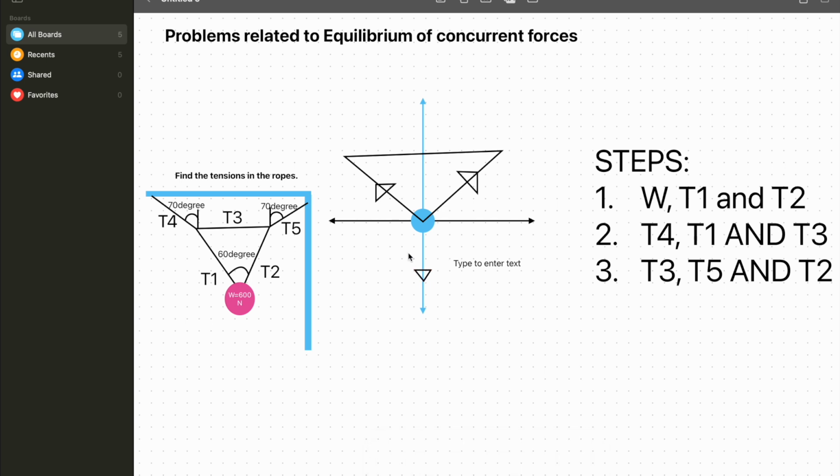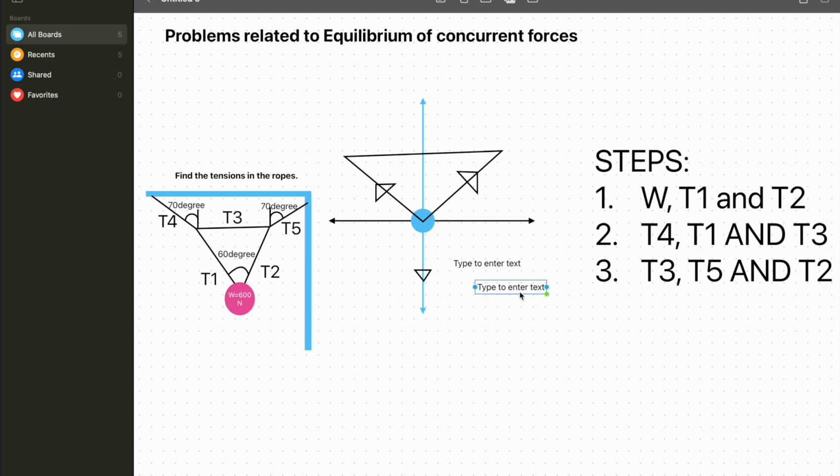So if T1 is 30 degrees along the y-axis and T2 is the same, so T1 and T2 both are at 60 degrees with respect to the x-axis, and then also it will be the same. So T1 is equal to T2.